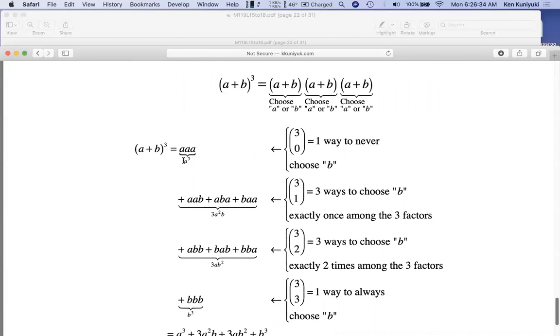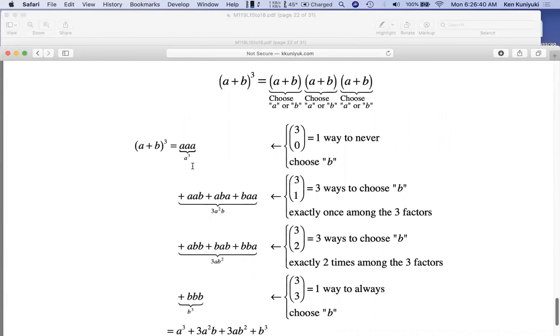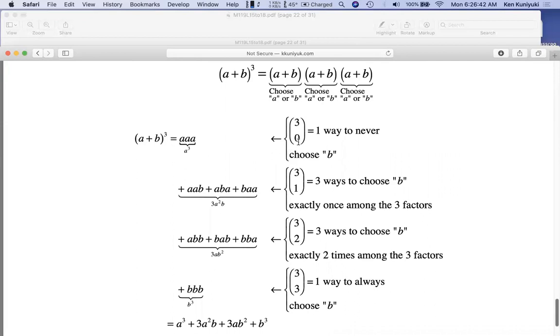So you could have all soup, right? A. That could be all failures. The number of ways to get 0 successes out of 3 trials. The number of ways to get 0 questions correct on a 3-question exam: 1 way.